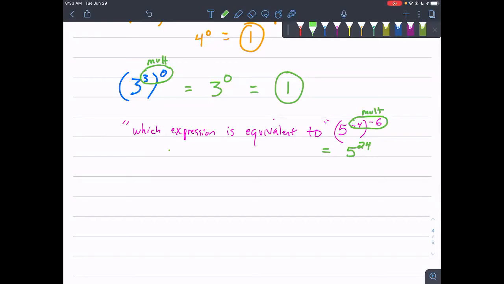So on some of these, it's just another exercise like in the previous section. So negative 4 times negative 6, negative times negative is positive. 4 times 6 is 24.